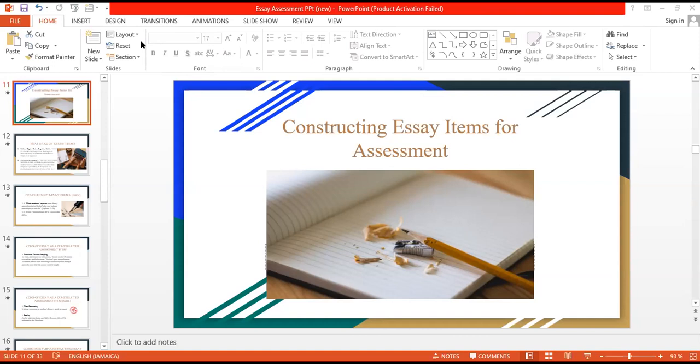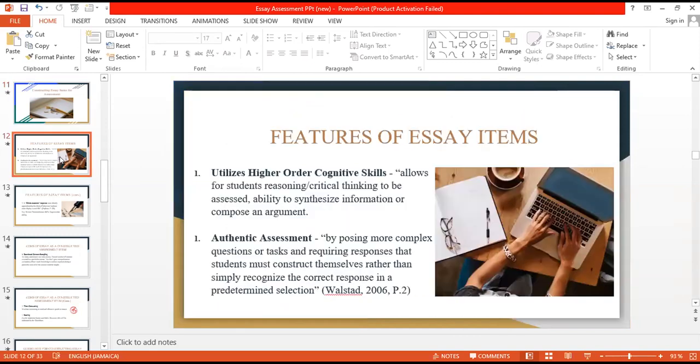Constructing essay items for assessment. Now, what are the features of essay items? Number one, it utilizes higher order cognitive skills. What does that mean? It allows for students' reasoning or critical thinking to be assessed, their ability to synthesize information or compose an argument.